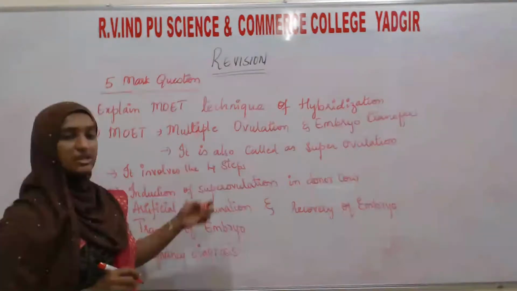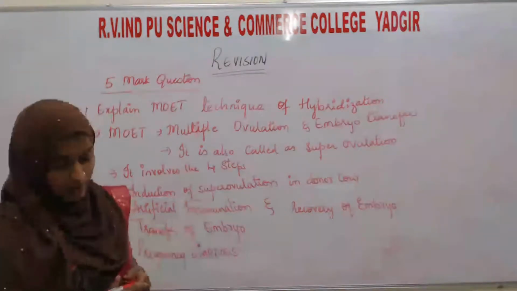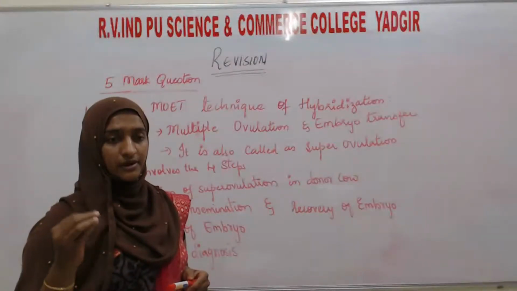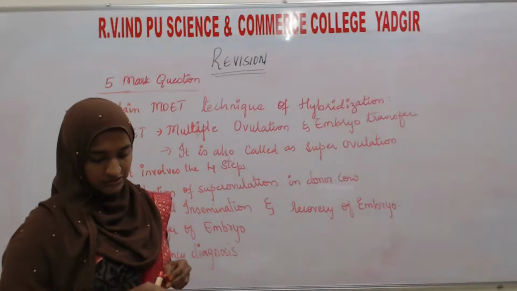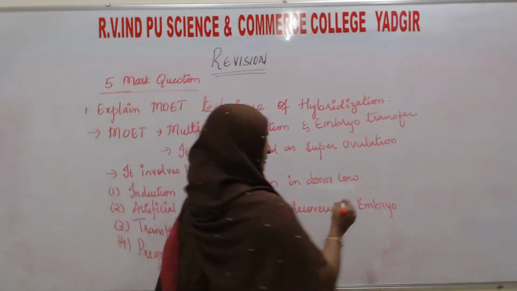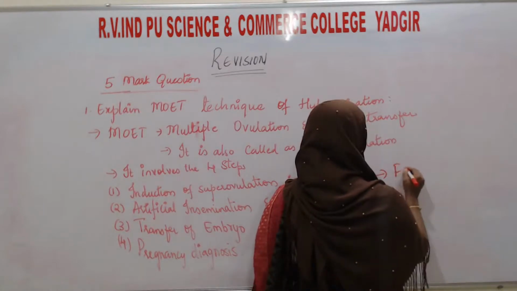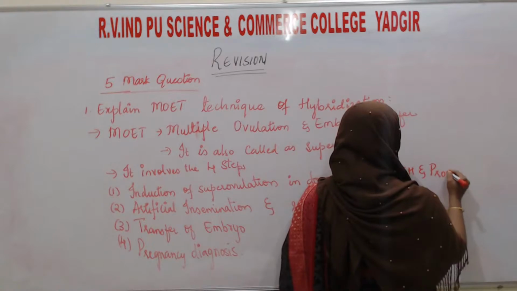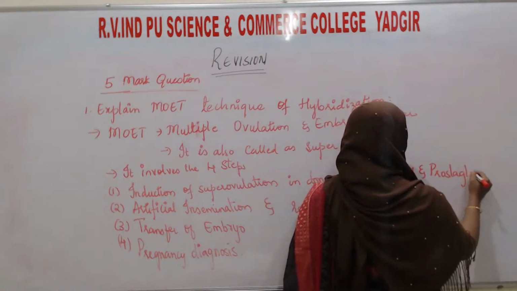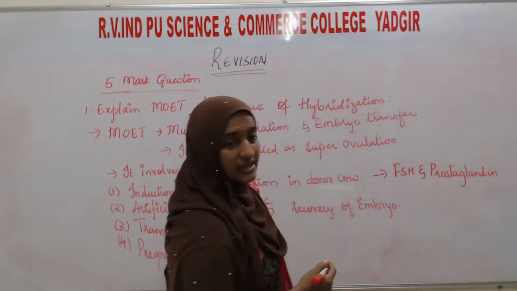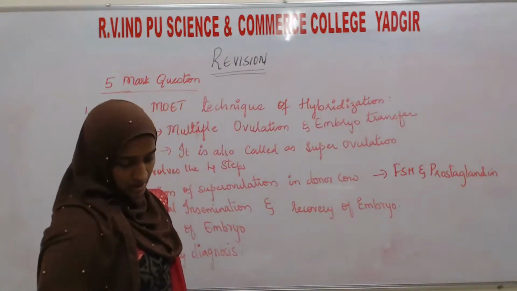In the first step, induction of superovulation in the donor cow, you have to mention the drugs or hormones used. That is FSH and prostaglandin. These hormones are injected into the donor cow.